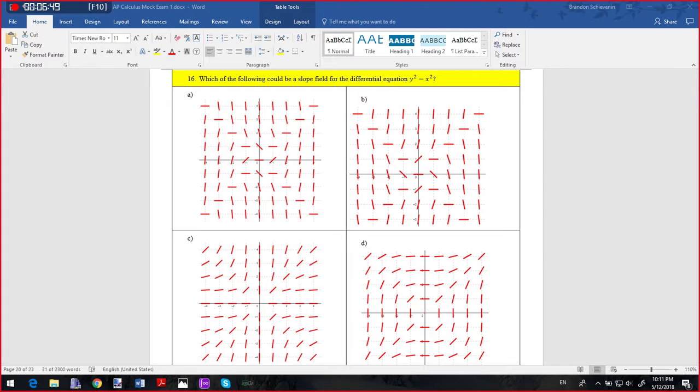Y is 1. Okay, so at 0, 1, a is negative, b is positive. So if you plug in y is 1 and x is 0 into y squared minus x squared, would your answer be positive or negative? Positive. Okay, so because this one is positive, which one should be the right answer? B. B. Awesome.